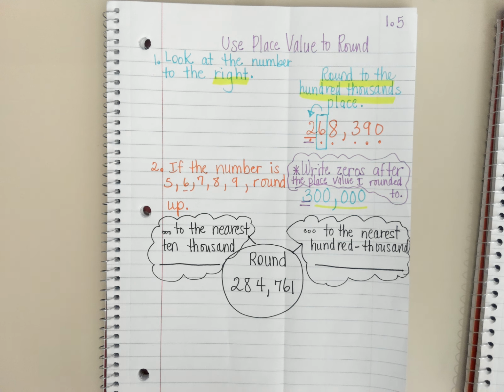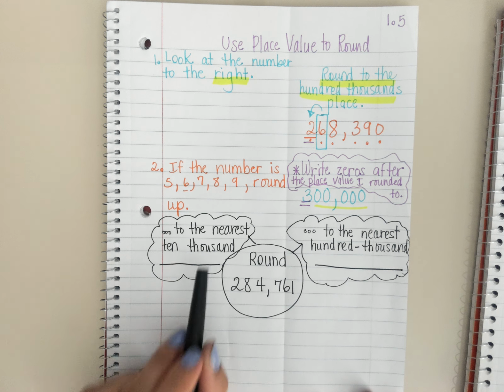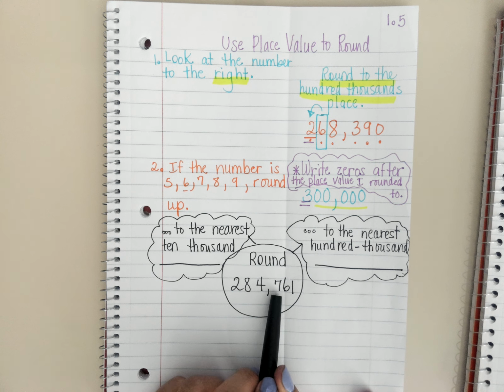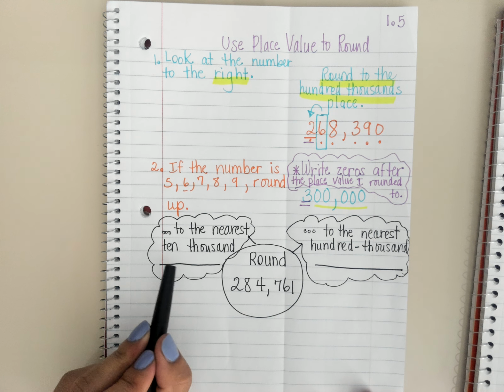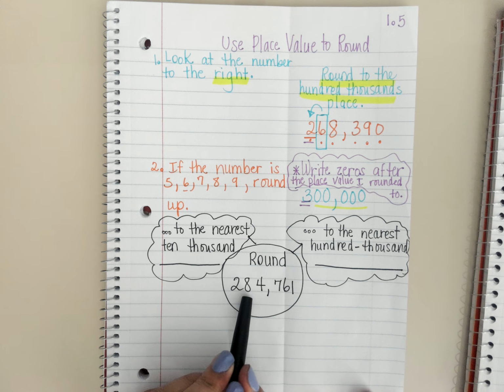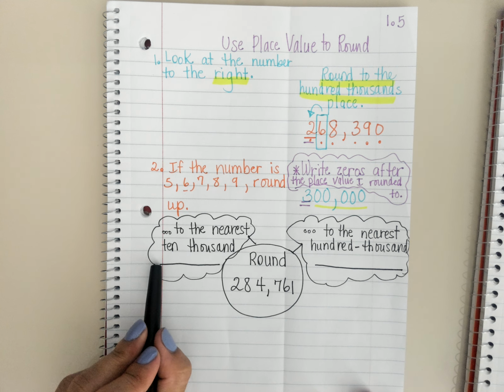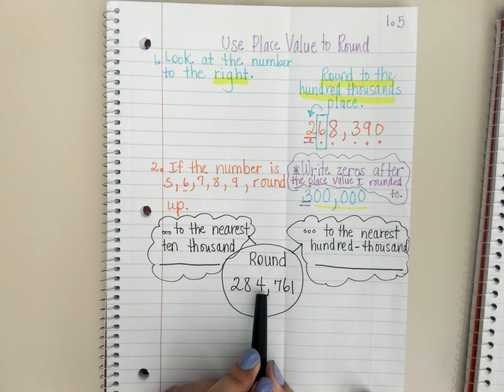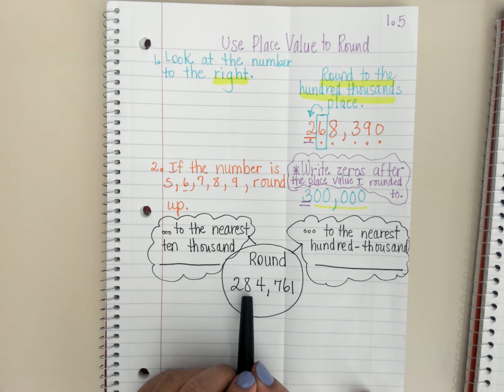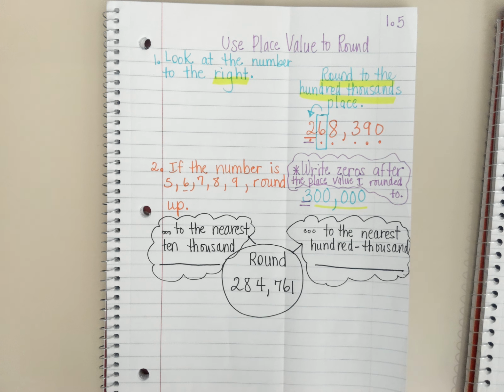Okay, the next number you would write would be 284,761 rounded to the nearest 10,000s place. So if you are solving these on a whiteboard or a piece of paper, you would underline the 10,000s place and you look to the right.